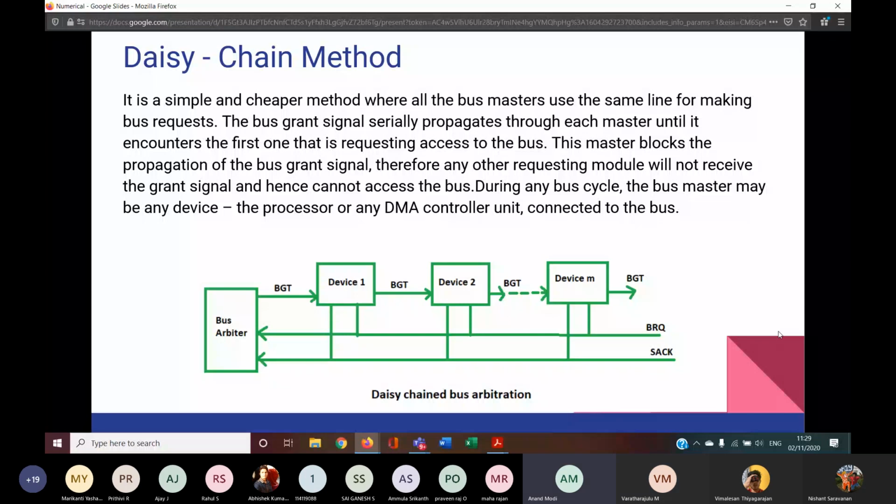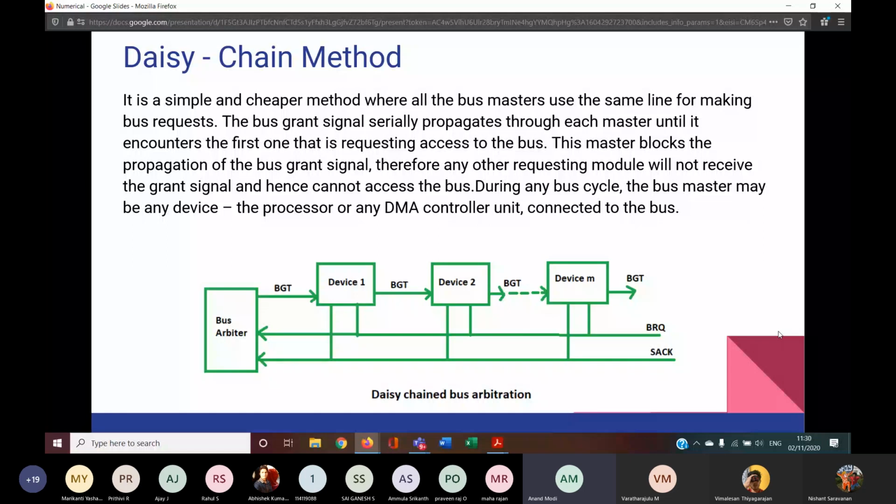So in the daisy chain method, the conflict is solved by allocating the bus hierarchically. Device 1 gets the first preference for the bus request, and after its process is done, it gets transferred to device 2, and this goes on.